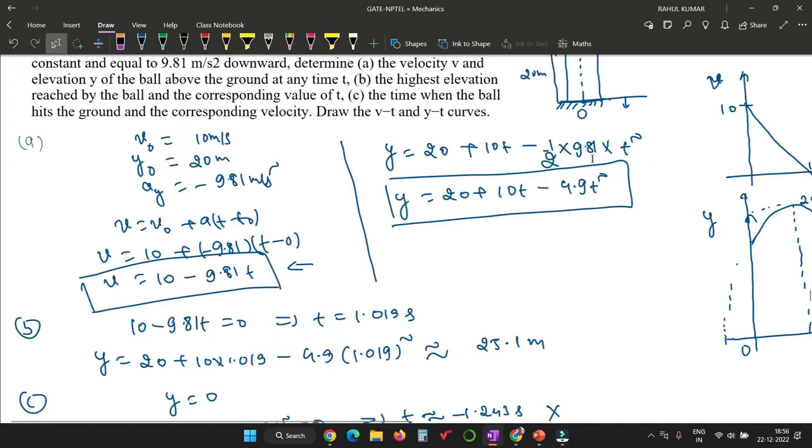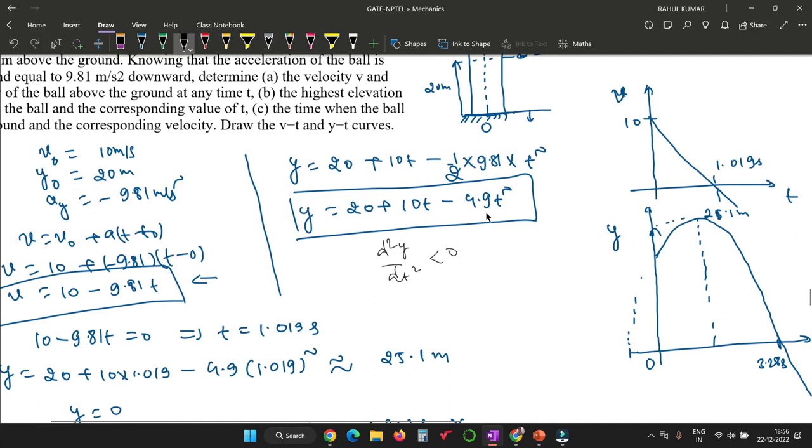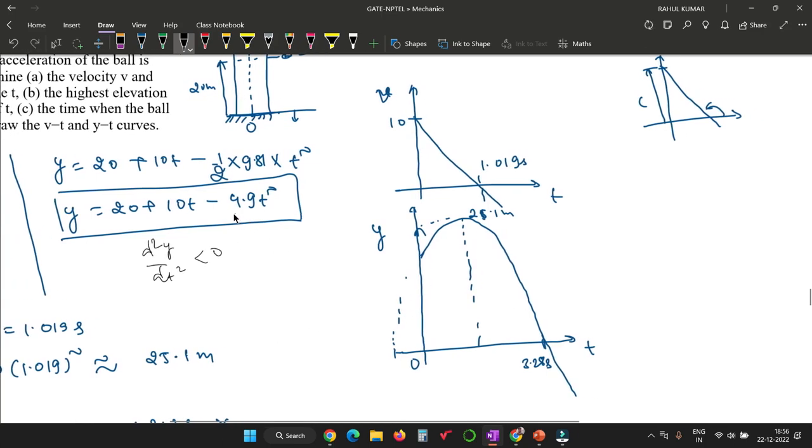When you differentiate this equation two times, you have to determine d2y by dt square, and you will get a negative value. That means the slope is decreasing. d2y by dt square is constant because that is minus 9.81, nothing but the constant acceleration.